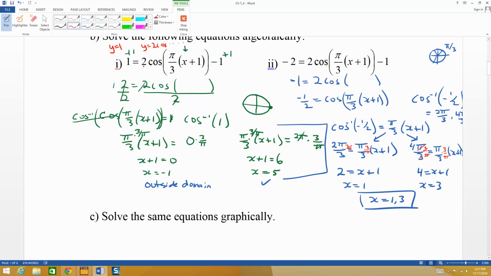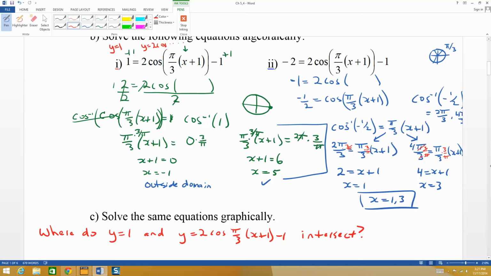You can think of the two sides of the equation as two different equations, and if we graph them, the solution will be, where does y equal 1 and y equal 2 times the cos of pi over 3 times x plus 1 minus 1, where do they intersect? That's how you do it graphically.